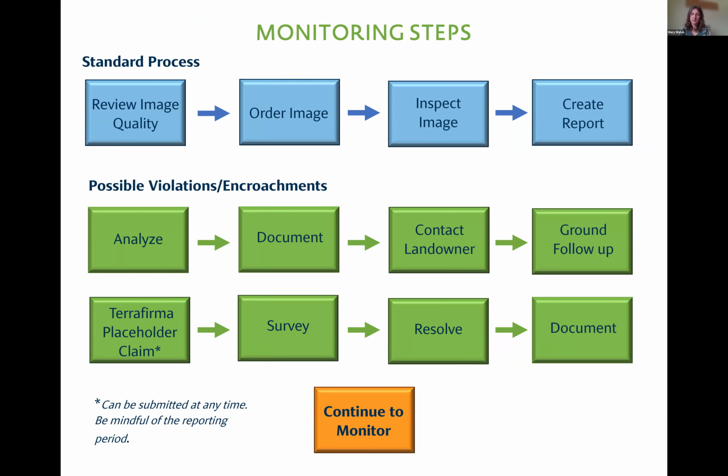Things get a little bit more time consuming if there's a possible violation or encroachment. This is the same as if it was noticed on the ground, right? So you want to look at it a little bit closer, document everything, and then with aerial monitoring, go out there. So be prepared for a follow-up site visit and place a Terra Firma placeholder claim if you need to.